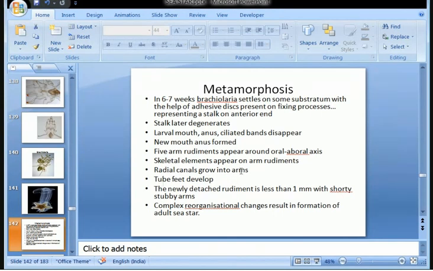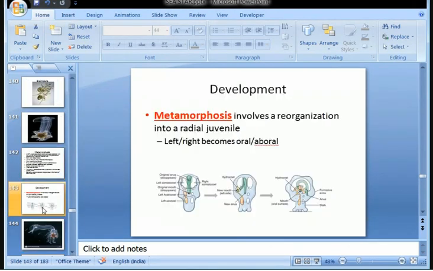So then these radial canals develop into arms, then tube feet form, and then this rudimentary 5-armed structure is detached from the stalk. It is less than 1 mm with short stubby arms. Now a 5-armed structure is formed, and then complex reorganizational changes result in the formation of the adult sea star.